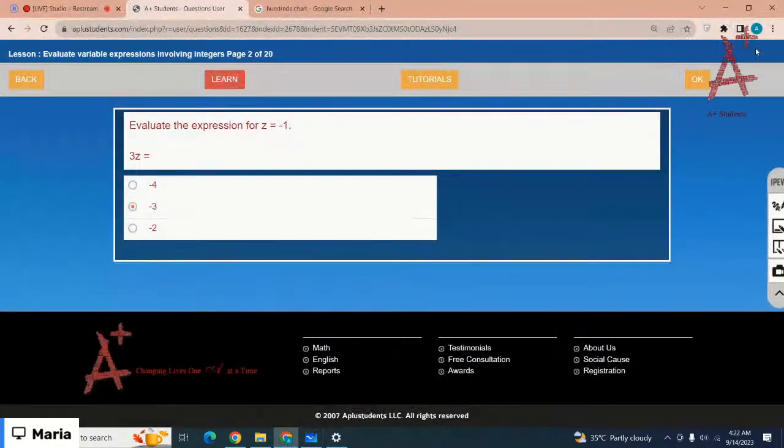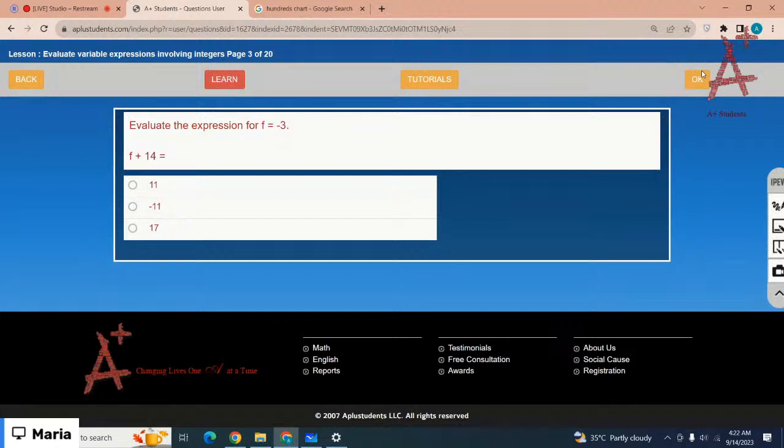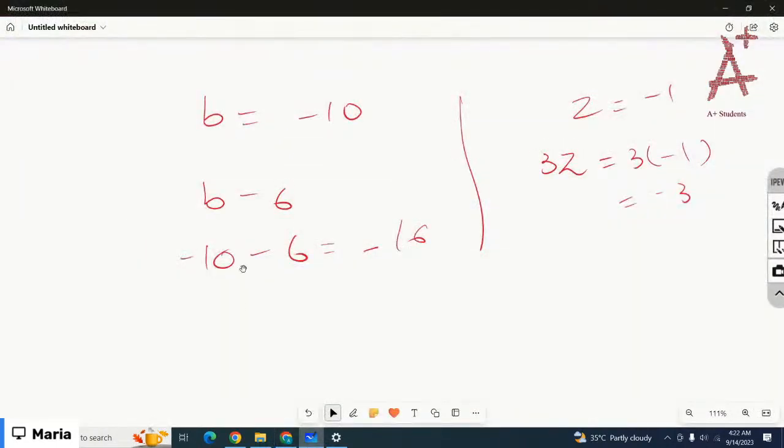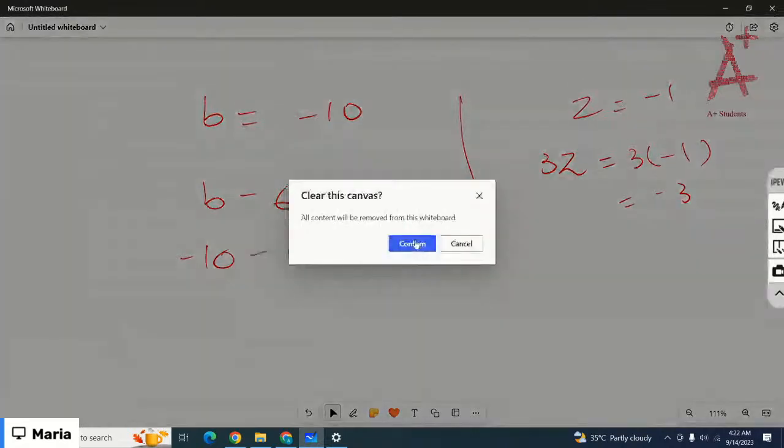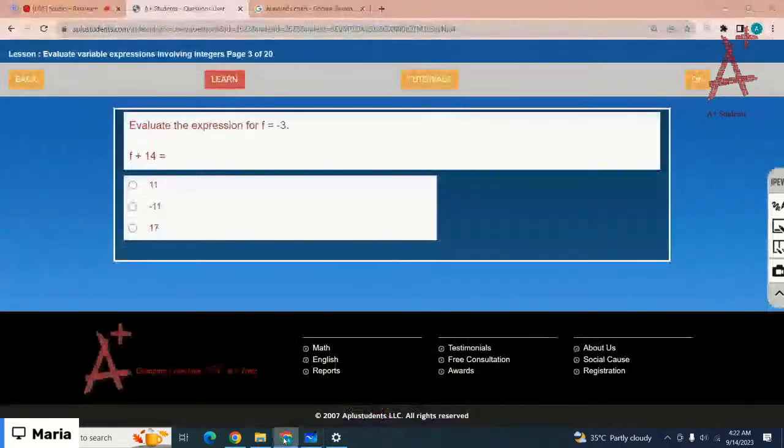The correct option is -3. Evaluate the expressions for f equals -3. So replace the f with -3, so it would be f plus 14. F equals -3 and f plus 14.